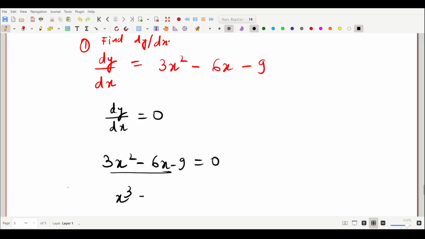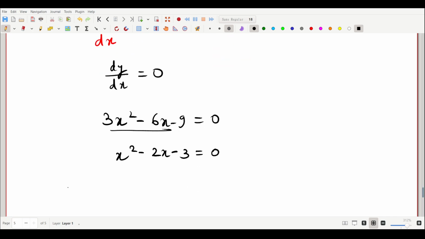So x square minus 2x minus 3, and 3 is common, and going to the other side, 0 upon 3 is 0. We got this. Now we need to solve this particular quadratic equation.